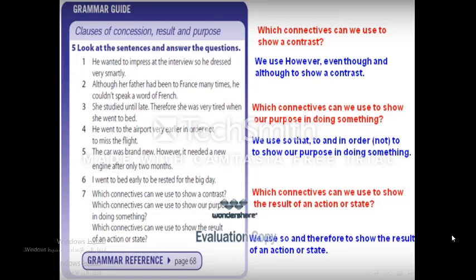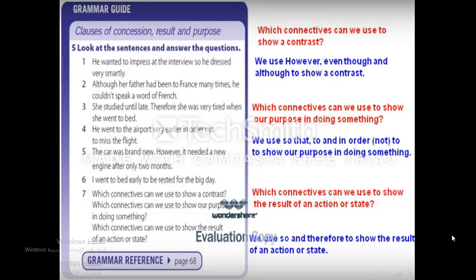Therefore, she was very tired when she went to bed. He went to the airport very early in order not to miss the flight. The car was brand new. However, it needed a new engine after only 2 months. I went to bed early to be rested for the big day.